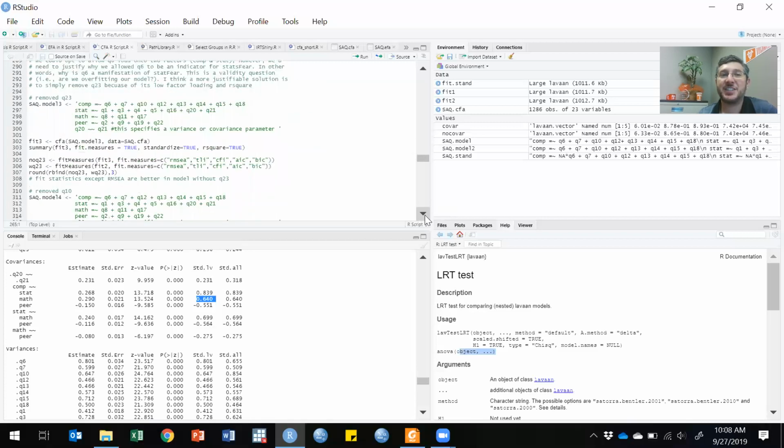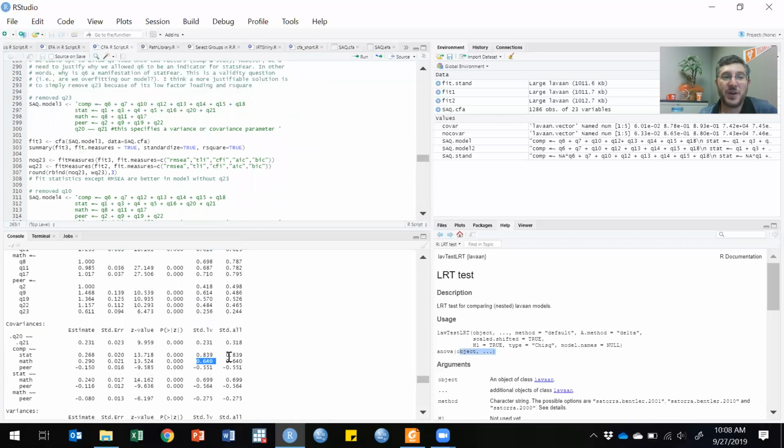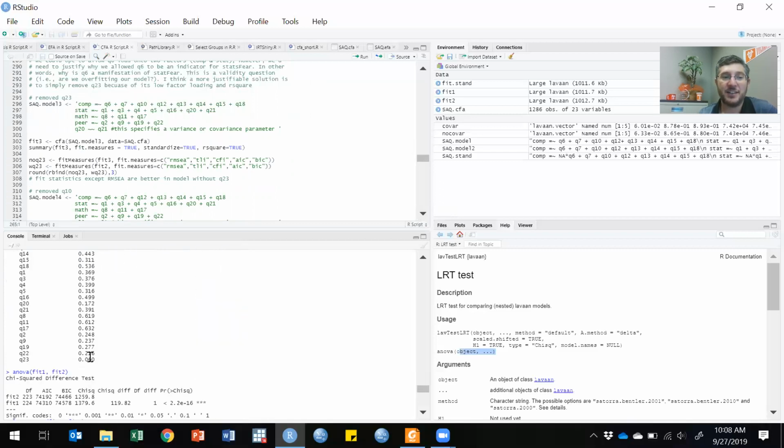So the next thing I suggested, if you go through the example, is that question 23 doesn't have a high factor loading. The latent construct isn't explaining a lot of the variance in that indicator, so maybe we should just get rid of it.